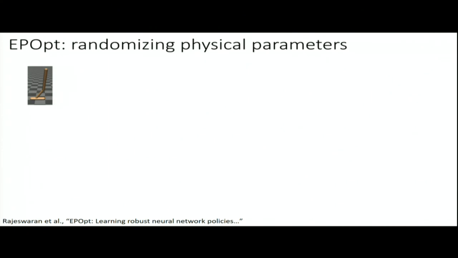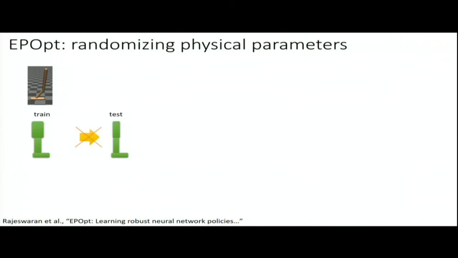And what this paper explored is if during training, the hopper is maybe a little heavier, a little bigger, or a little smaller, and then at test time, it's the original hopper. So how can you change your training time source domain so that at test time, your hopper can hop regardless of its weight or regardless of its friction coefficient and so on? So the discrepancy here between the source and target consists of the physical parameters of the hopper.